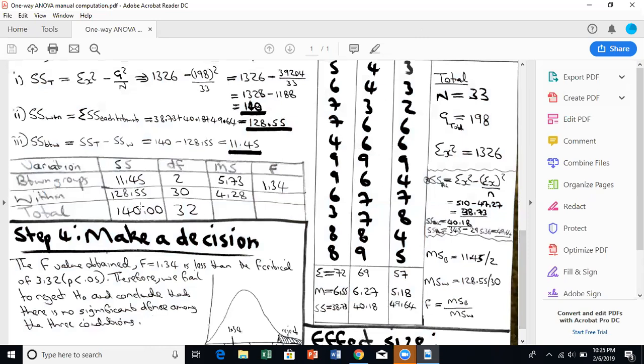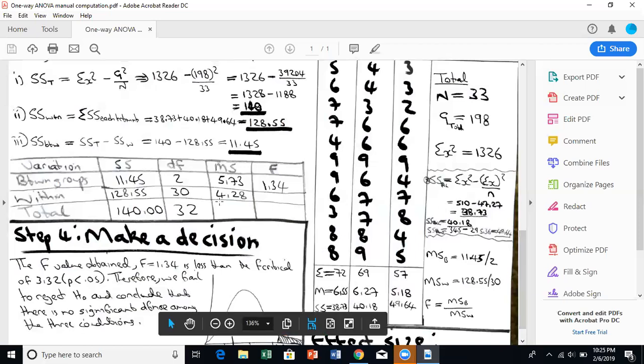This 140. So there's this table. If you check in a textbook, how do they arrange this table? They write it like this. So I just fill in the gaps. So it's 140. And then for within, it's the sum of squares in each treatment. So it's 38 plus 40 plus 49, or 48 plus 40 plus 49, which is 128.55.